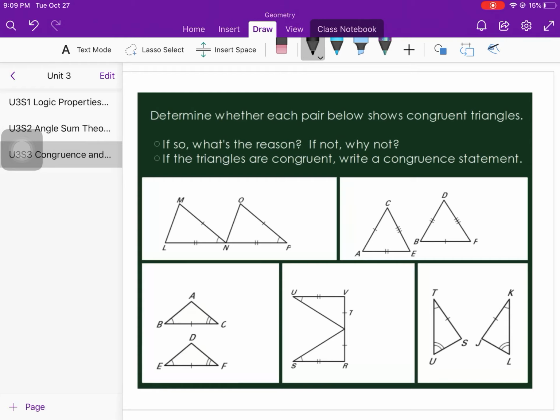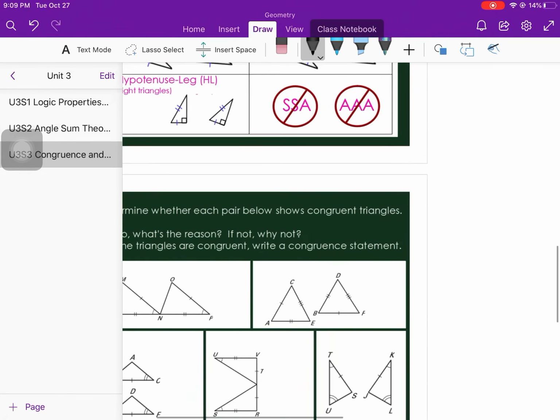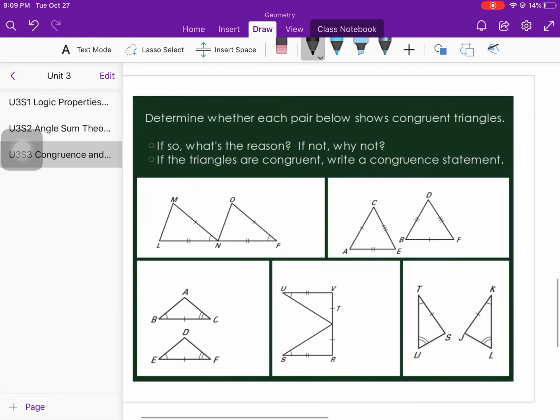All right, now let's do a little practice with these so you can see how do we identify which situation we have. So it says determine whether each pair below shows a congruent triangles. If so, what's the reason? If not, why not? If the triangles are congruent, write a congruent statement. So these first 2 here, notice that we have here is 1 tick mark, 1 tick mark, 2 tick marks, 2 tick marks.